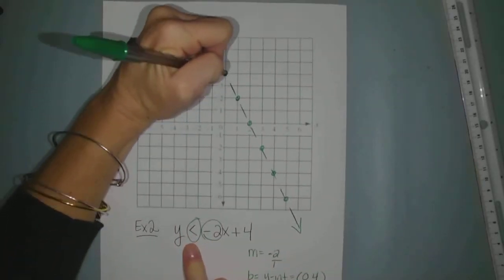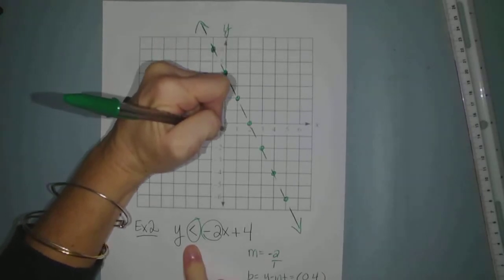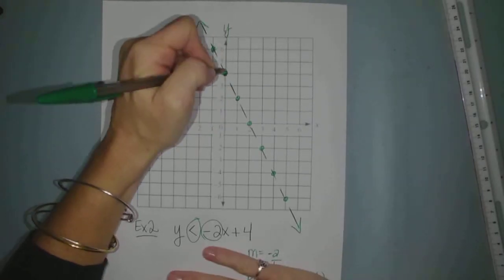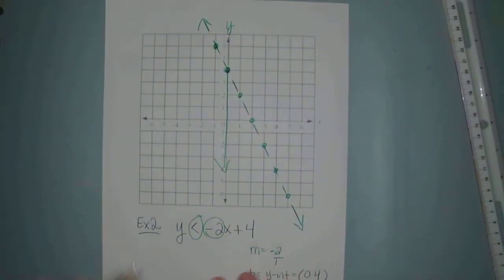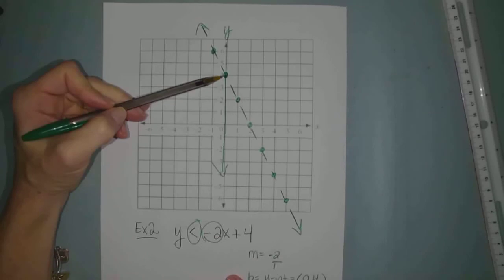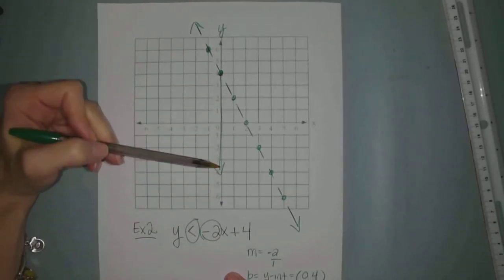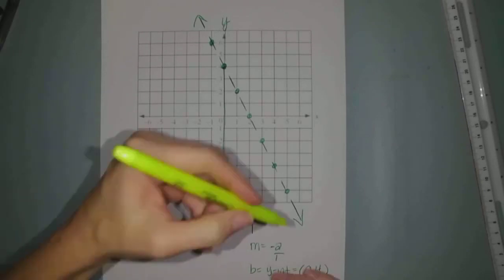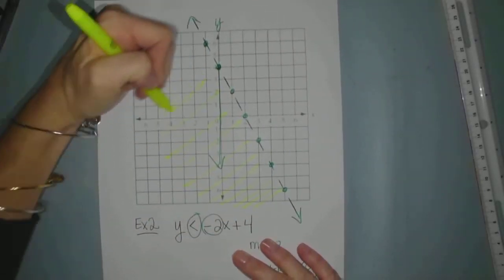So would less be up or down? Well, I hope you're thinking that y gets less if you go down, less than, down the y. Y is less than. So I need to color that side of the line, which is down here.